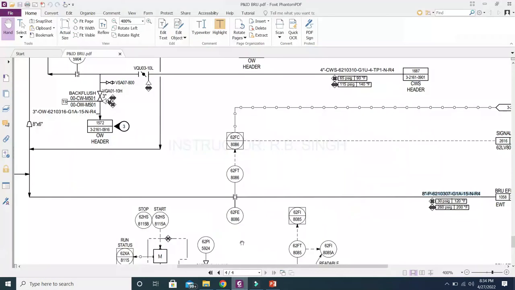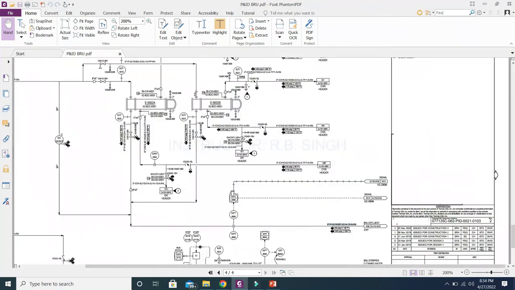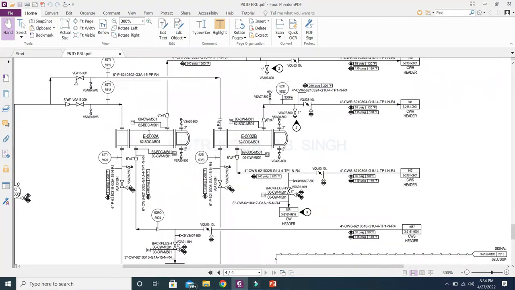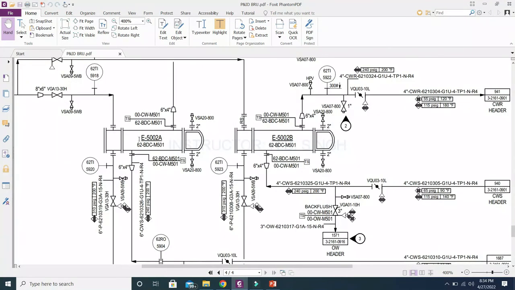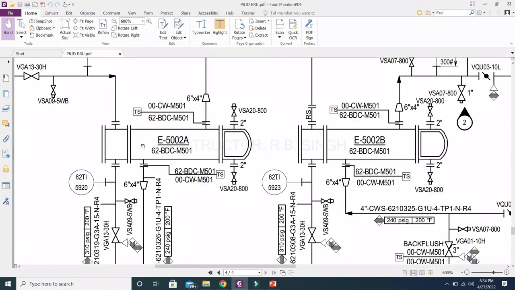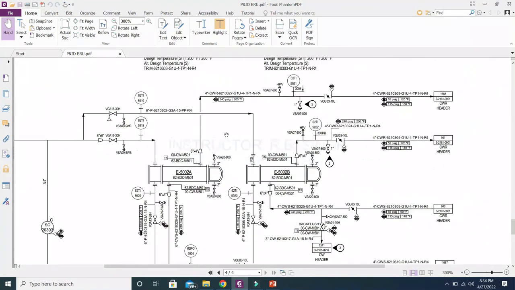Equipment details. In every P&ID there will be some equipment also, and the equipment details will be mentioned in the P&ID. Just like this equipment, E5002A. About this equipment there will be some basic information mentioned.